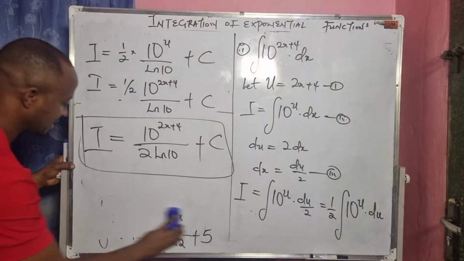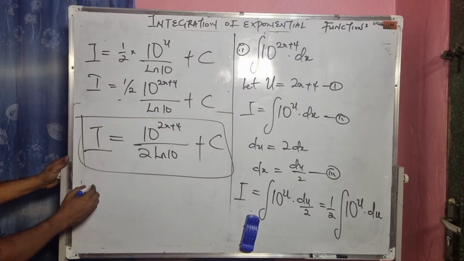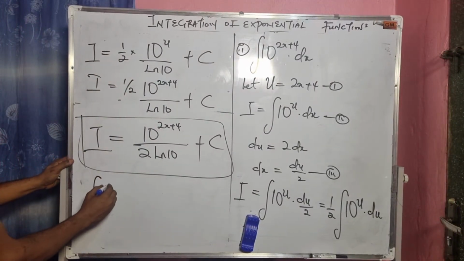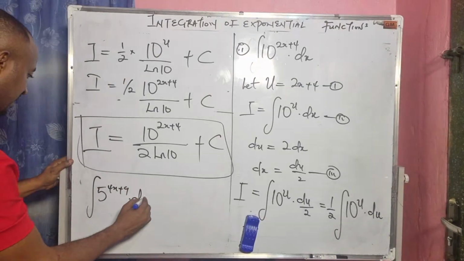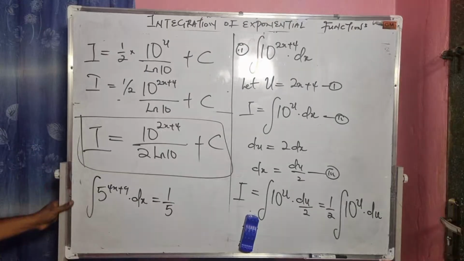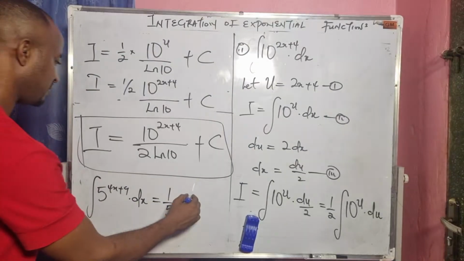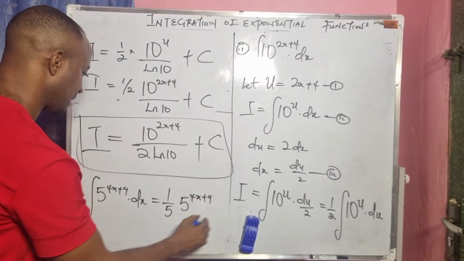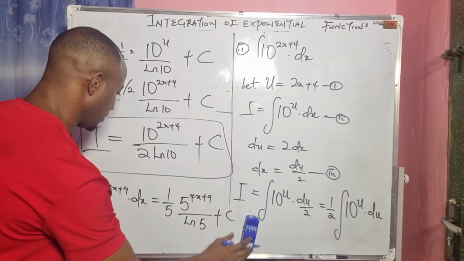So that means we can try the same thing here. If I have the integral of 5 to the power of 4x plus 9 dx, the result becomes 1 over 5, 5 to the power of 4x plus 9 divided by ln 5 plus c.